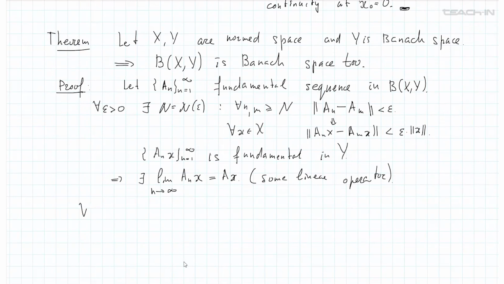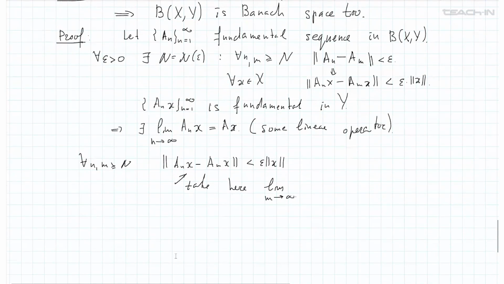We know that for any n, m sufficiently large, the following inequality is valid. And take here the limit for m tends to infinity. We have a pointwise limit, so we immediately obtain that the following inequality is valid.